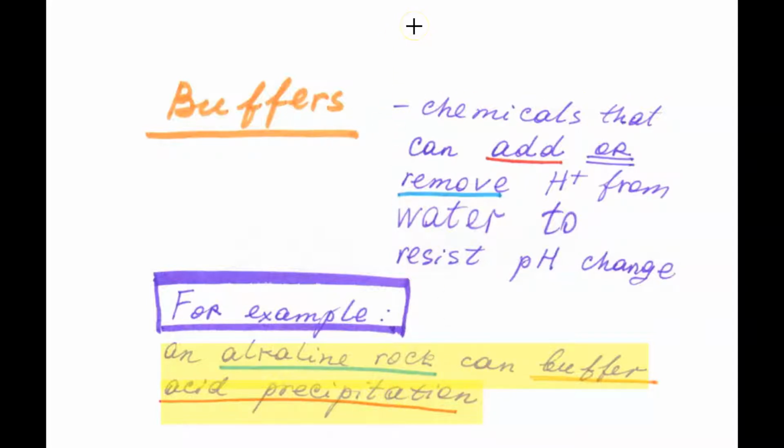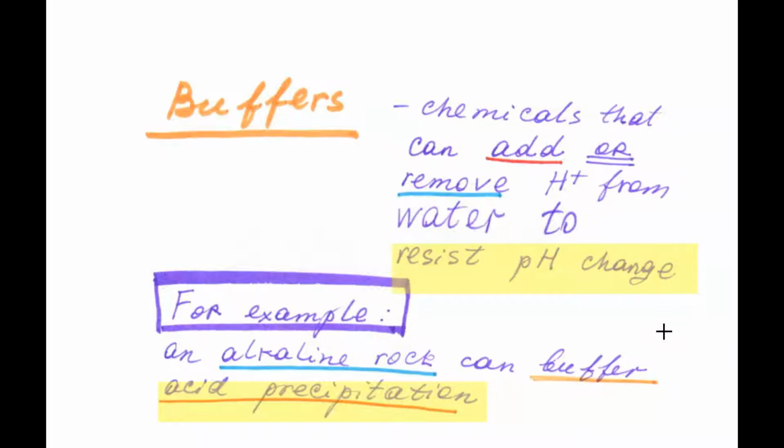The ocean by itself acts as a buffer system, and the ocean pH, which is approximately 8, is an alkaline pH. And if we have acid precipitation, acid rain, the ocean water can act as a buffer to resist the pH change.